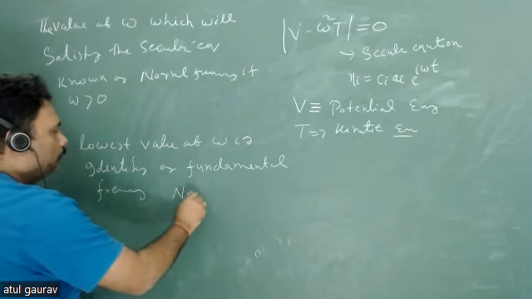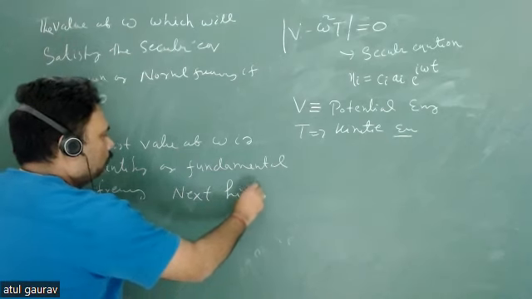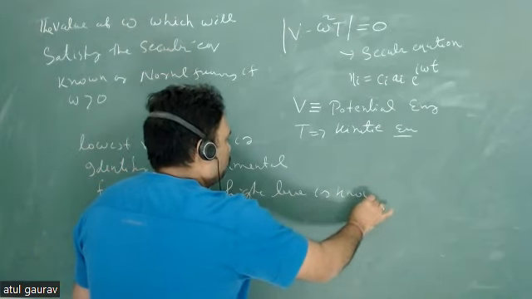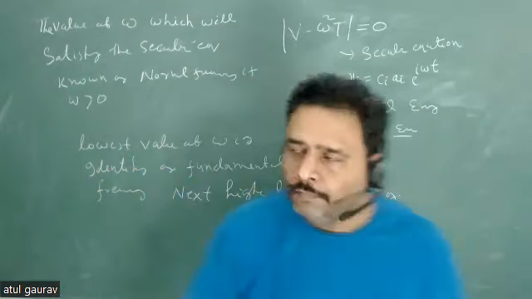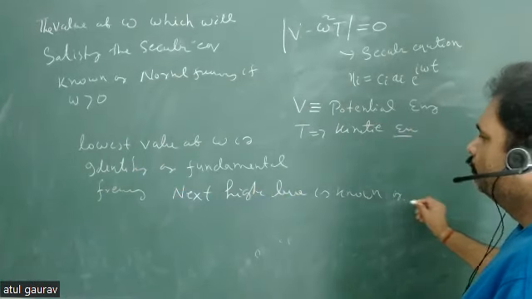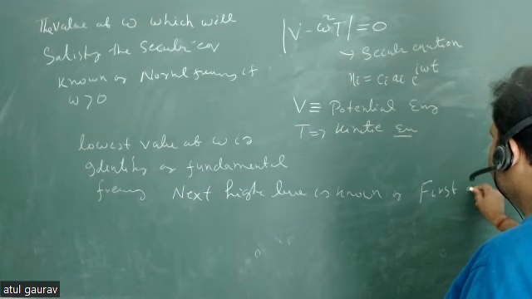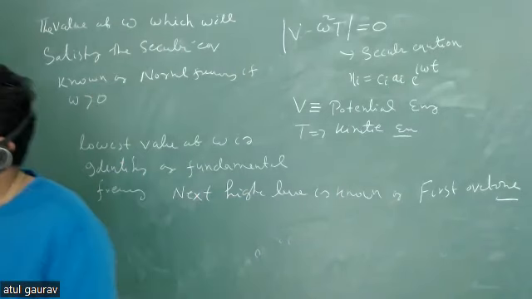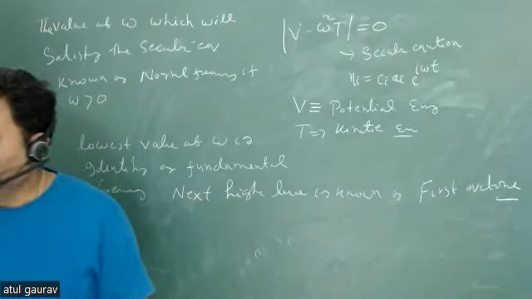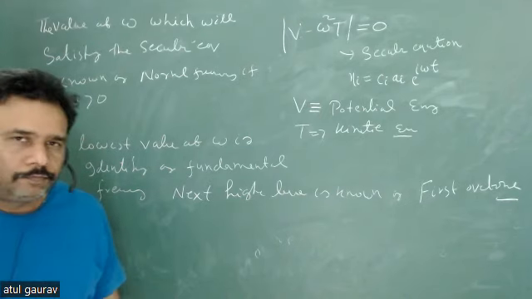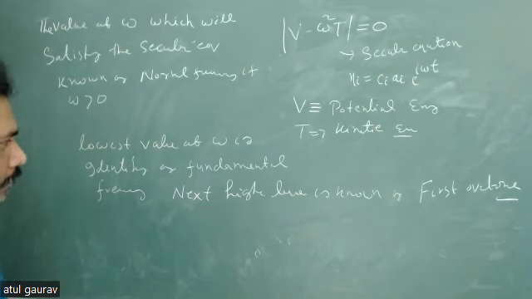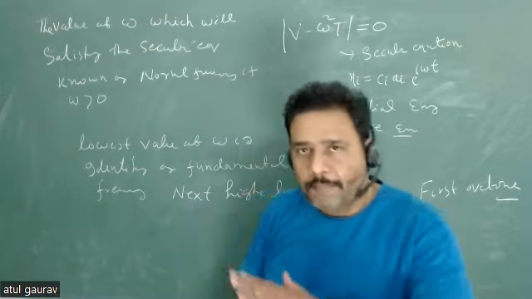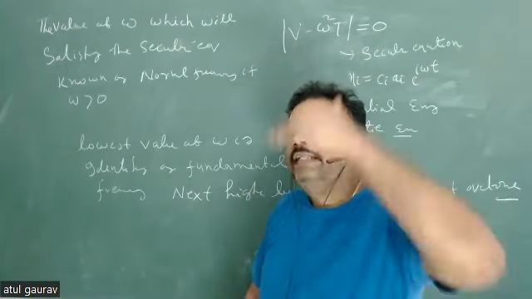The next higher level is known as the first overtone. What will be the second higher level? One higher than this. What is the name of that? Second overtone. So fundamental is the first, then first overtone, then second overtone.